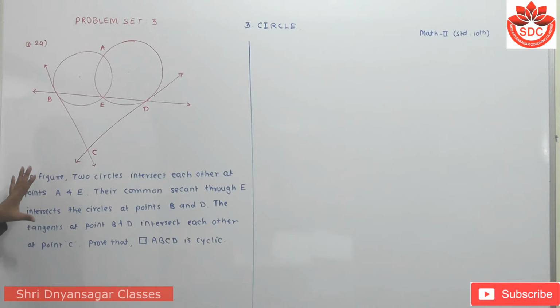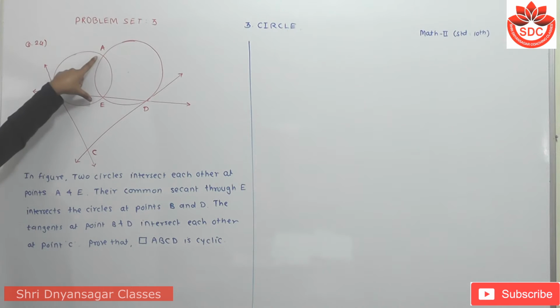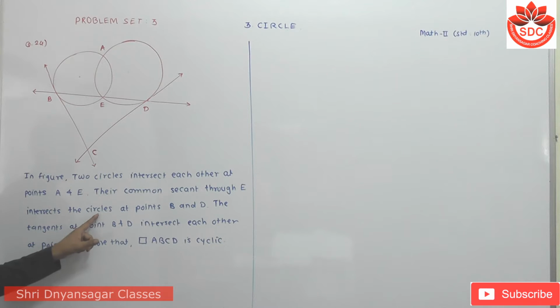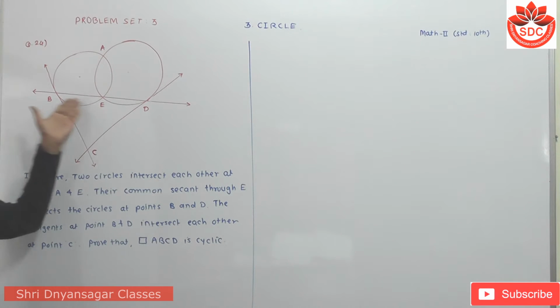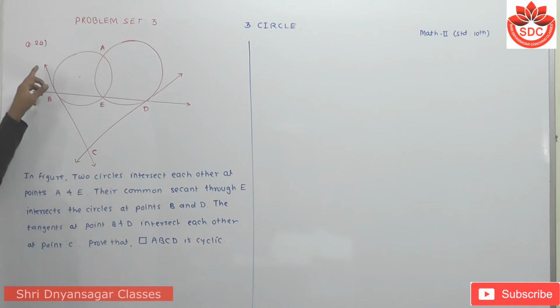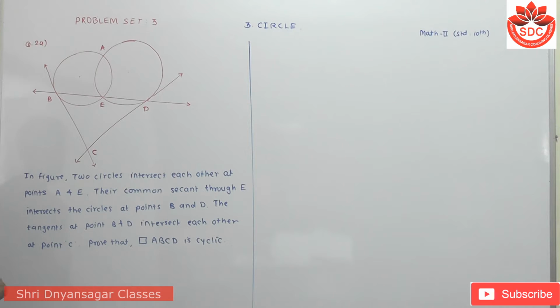So this example you have to directly write, it's given in such a way that in this figure two circles intersect each other at points A and E. Their common secant through E intersects the circles at B and D. The tangents at points B and D intersect each other at point C. Then prove that this quadrilateral ABCD is cyclic.